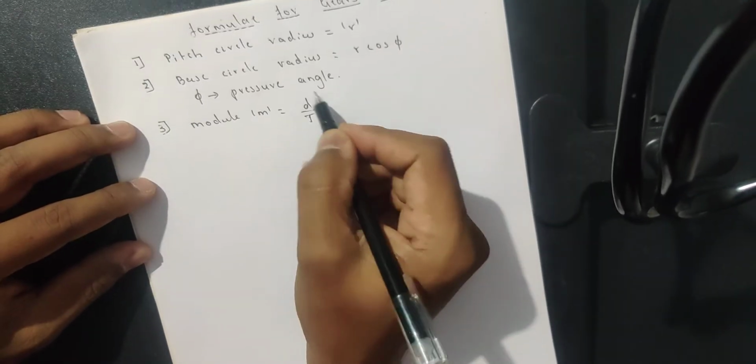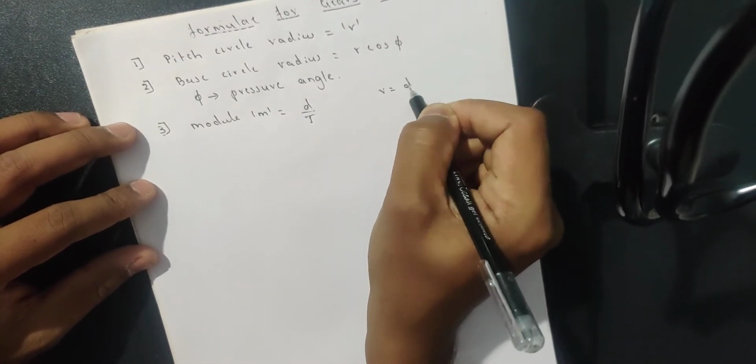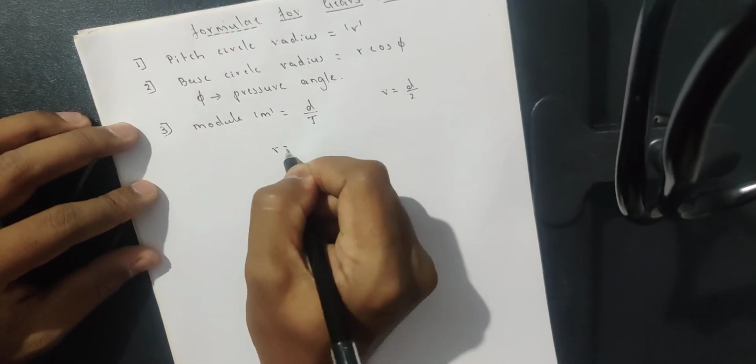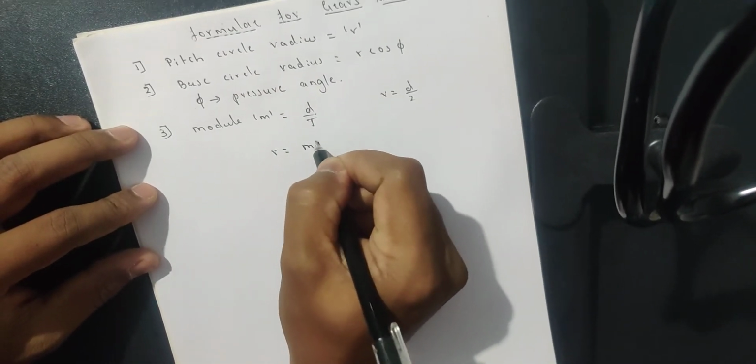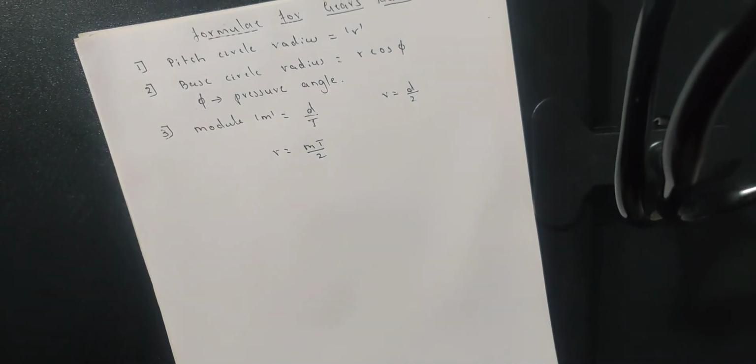Here we can also find the pitch circle radius formula. We know that r is nothing but d by 2. If I substitute here, I get r is equal to m t by 2. Sometimes if they give the module and number of teeth, you can find the pitch circle radius also.